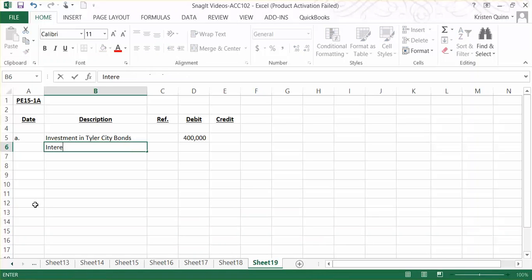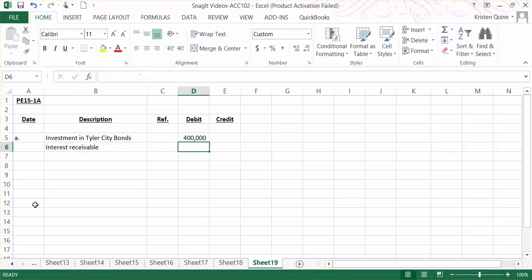So here we're going to write interest receivable of $2,000. The company that we're purchasing the Tyler City bonds from have earned that $2,000 for being the bondholder since the last interest payment.